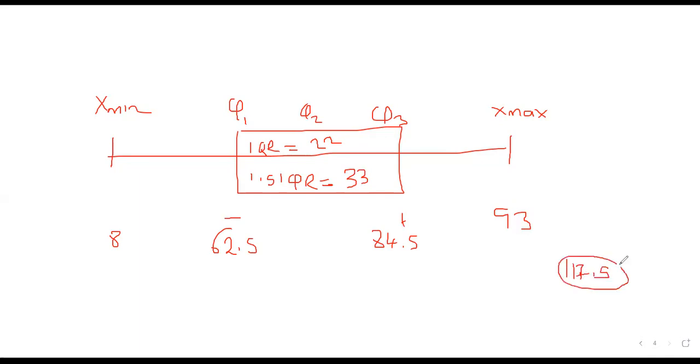This simply shows you that this is our extreme value on the right. So 93 is not an outlier, it's inside. Then you subtract from this 62.5 minus 33, we get 29.5. 29.5, somewhere here. Any questions at this point?